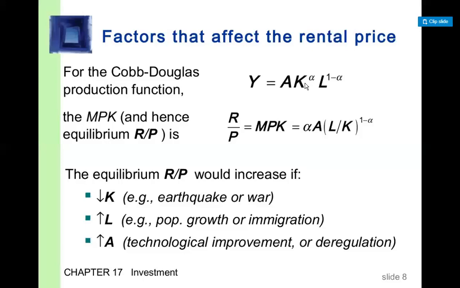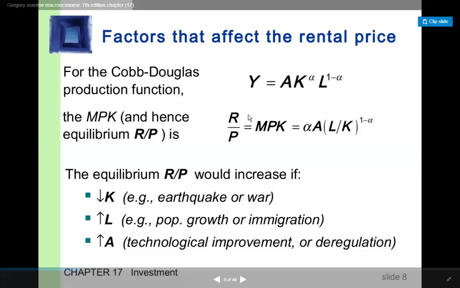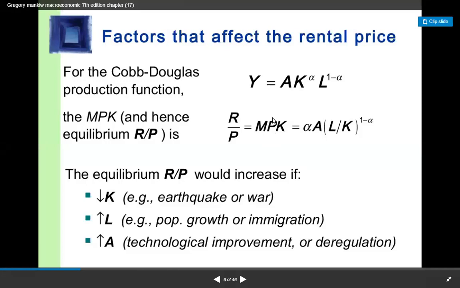Now we have to solve the equilibrium. Which one have we done? Where is the equilibrium of renting capital, of getting capital on rent? Where real rent equals marginal production of capital. Now we will solve the production function for the marginal production of capital.